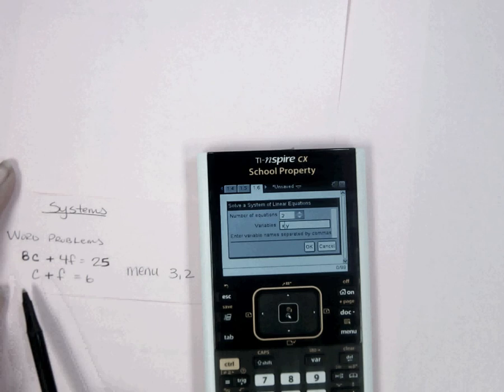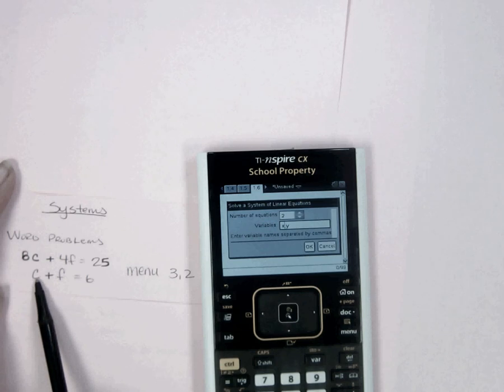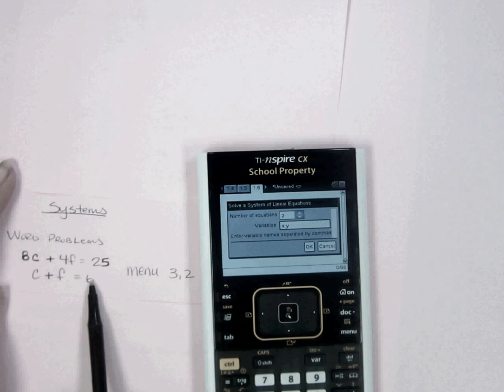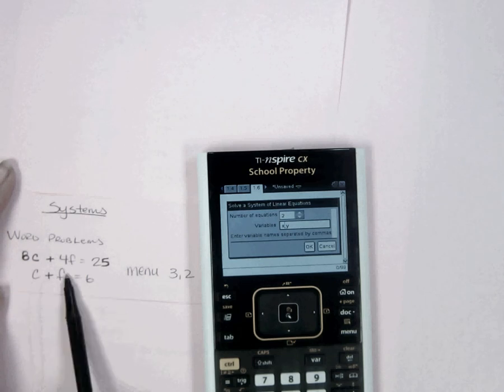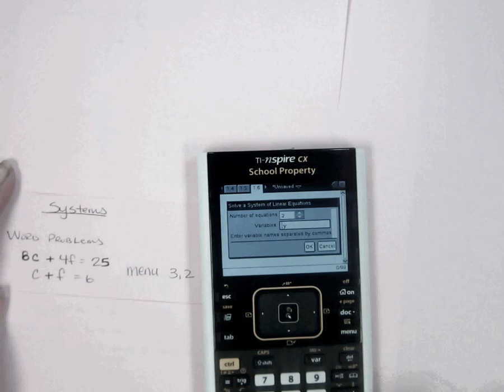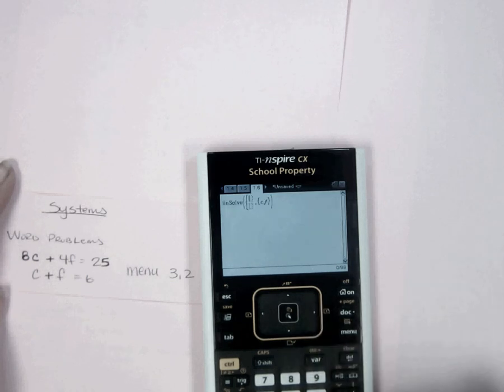I know that I have some combination of cookies and fries put together that is a total of 6. I don't know how much of each. But when I put these two together for my cookies and my fries, I now type in the equations and press enter, and I have the solution.